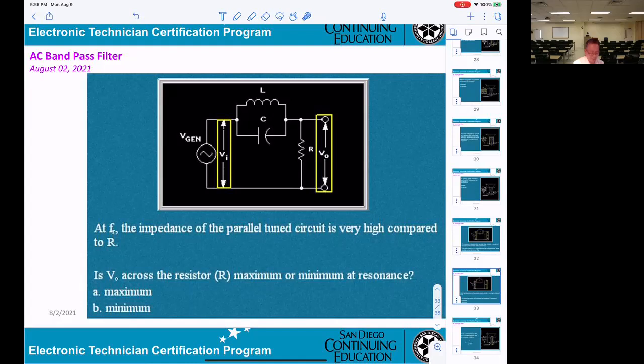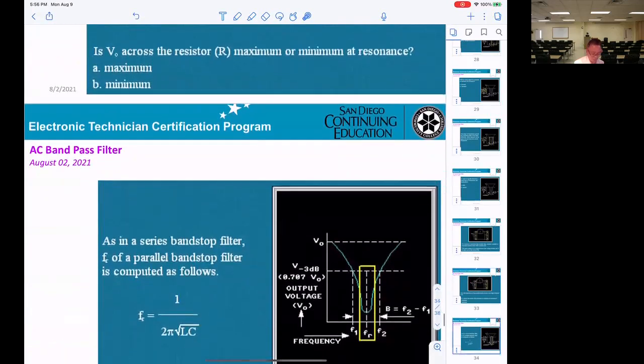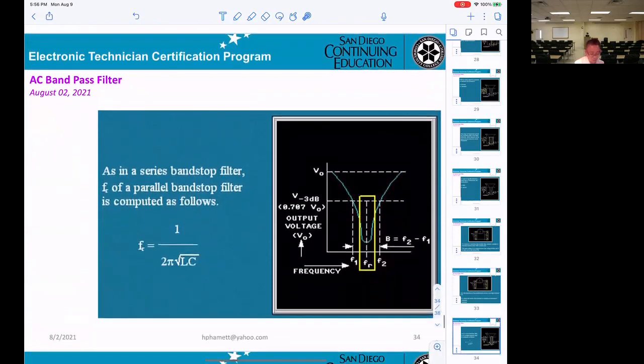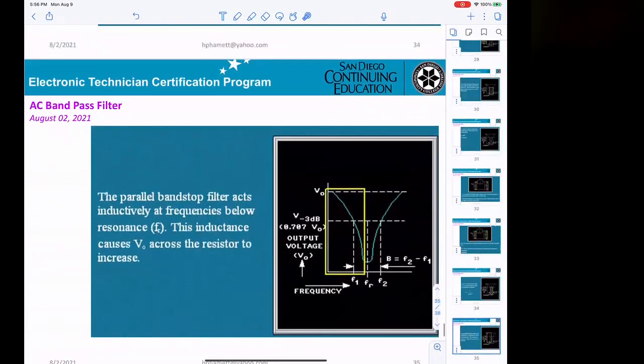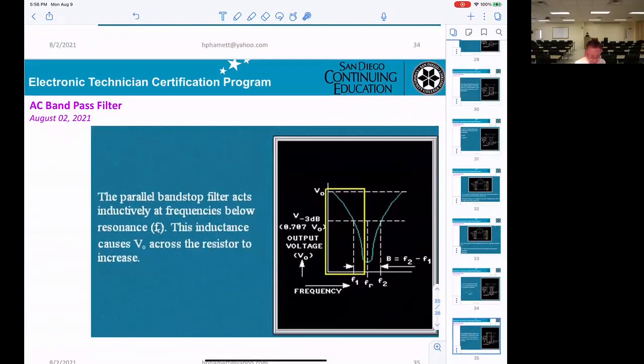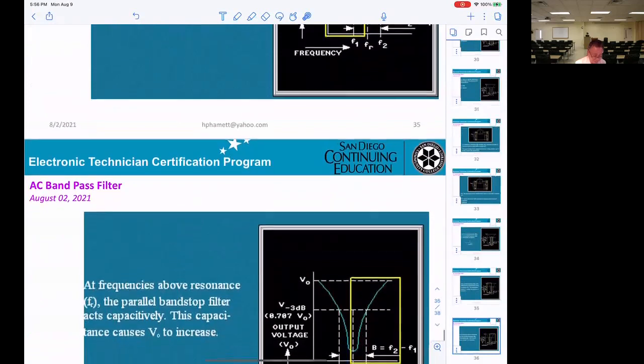Okay, so if you want, add me for the time. And that's why you already know that one. Resonance frequency is calculated by 1/(2π√LC). This one is just for reading.